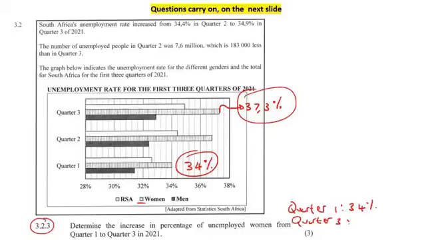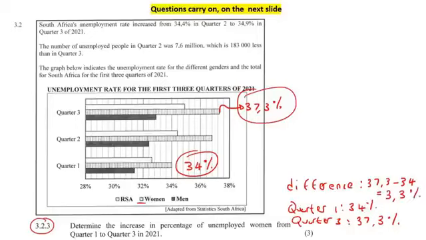Quarter 3, as verified by my pocket microscope, 37.3%. And so the difference, it's not that funny, Kevin. The difference would be 37.3 take away 34. And so that would be 3.3%.